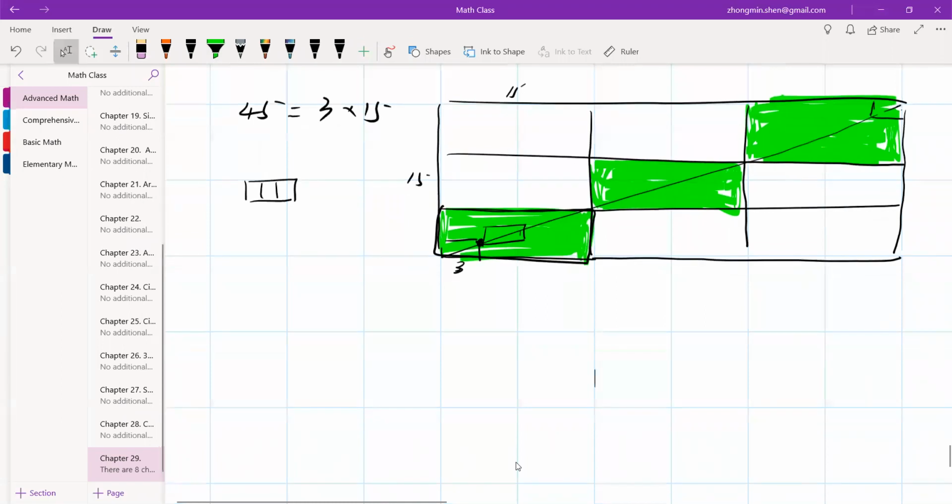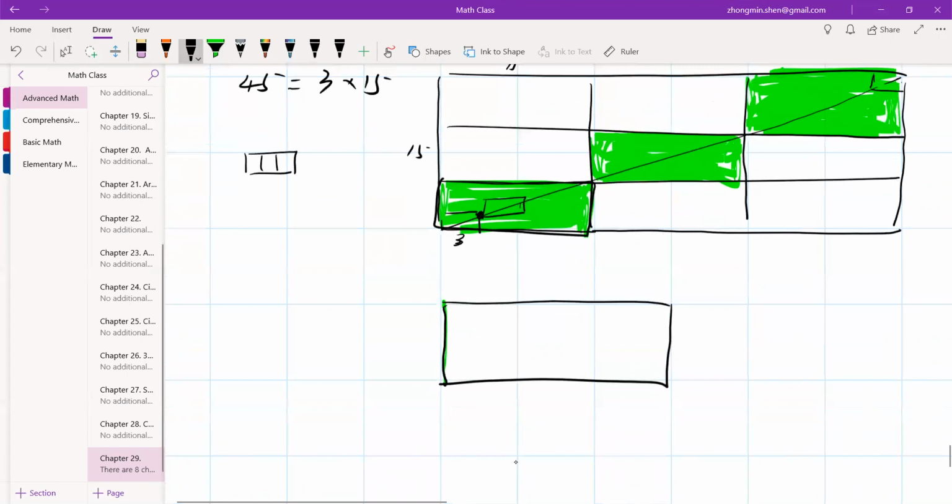It's much easier to count now because one side is 5 and the other side is 15. Let's enlarge this again. This side is 5 and this side is 15.